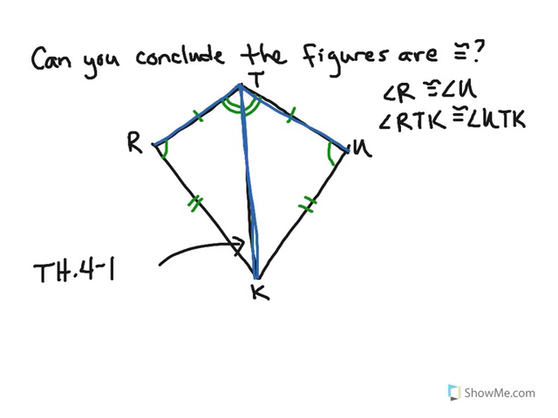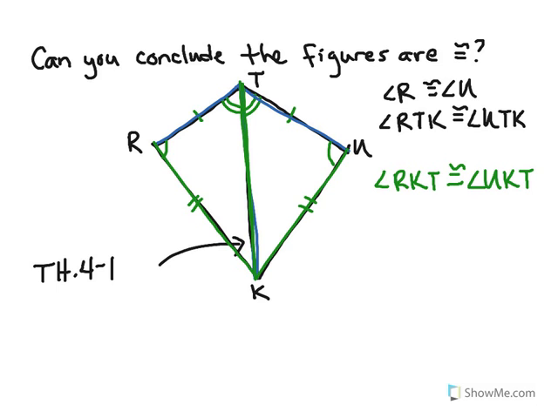So because of that theorem, I can now list that I've got 2 more angles that are congruent. So I'm going to say RKT, so angle RKT is congruent to angle UKT. So far I've got all 3 pairs of my angles and we're good to go.